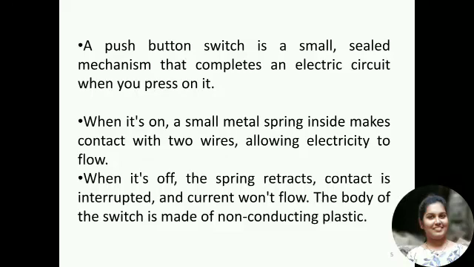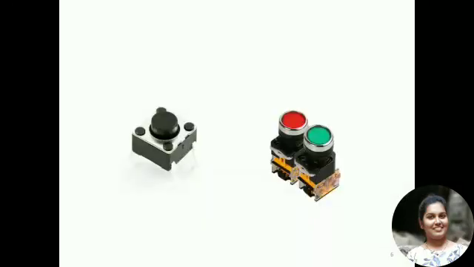When you see a push button switch from the external view, we see a small black button, like I'll show you in the diagram. You can see it here. We generally see a small black button, or it may be some colored buttons like blue, red or green.